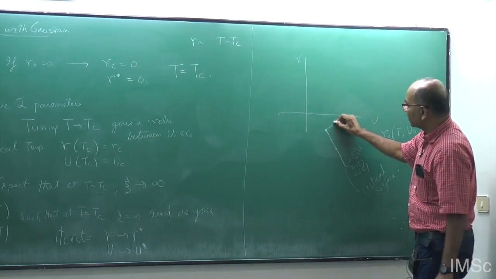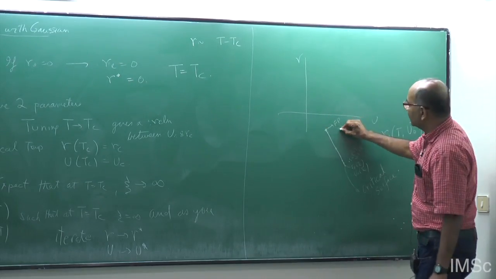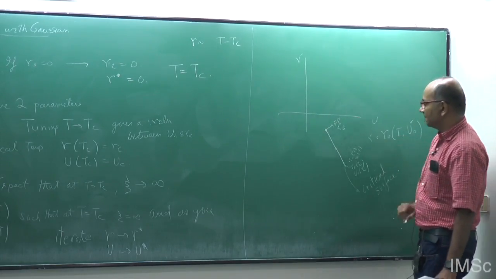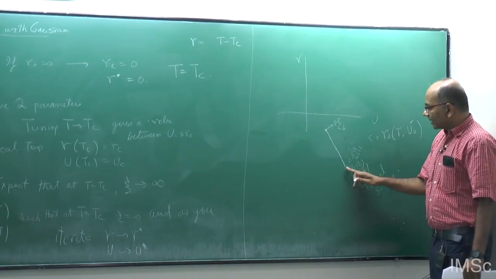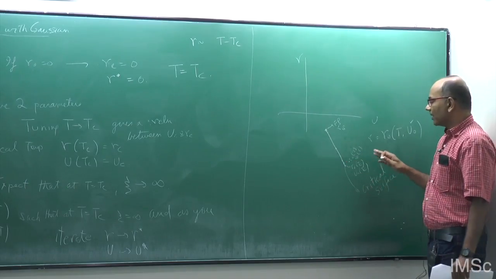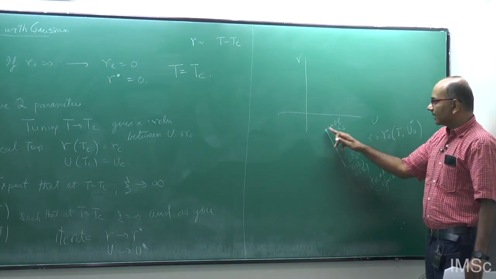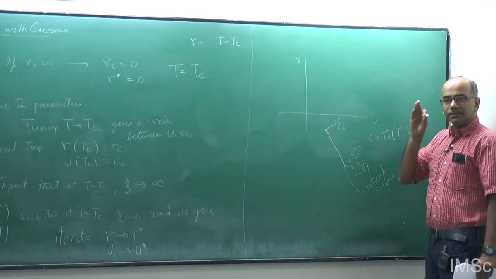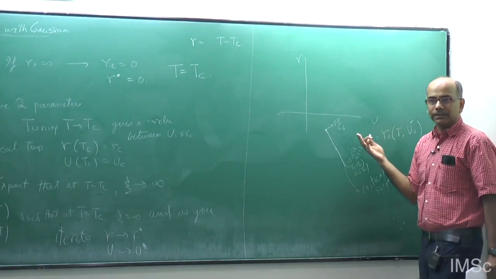This is your fixed point, R star and U star. This defines a critical surface, and all values of T such that you lie on this critical surface are called the critical temperature. So that defines the critical temperature.